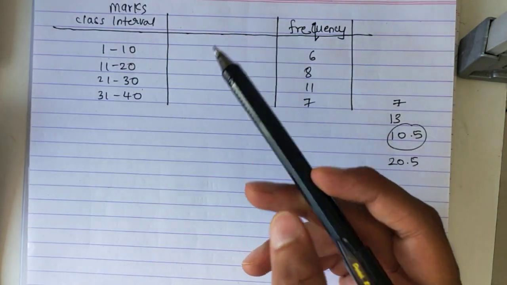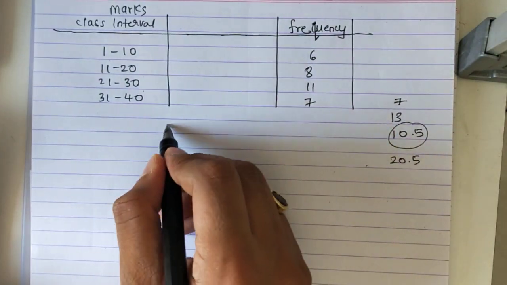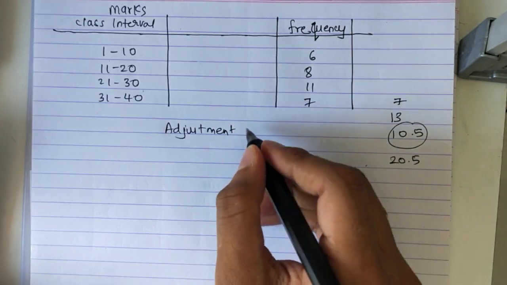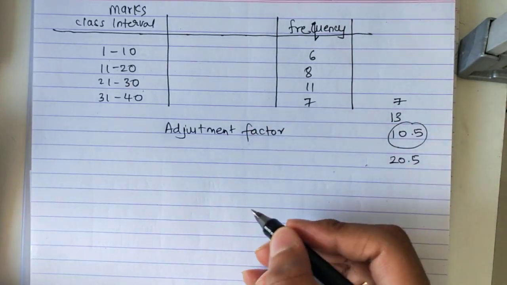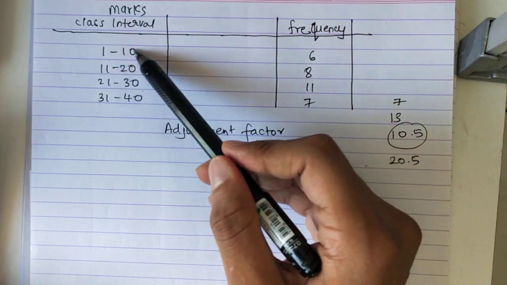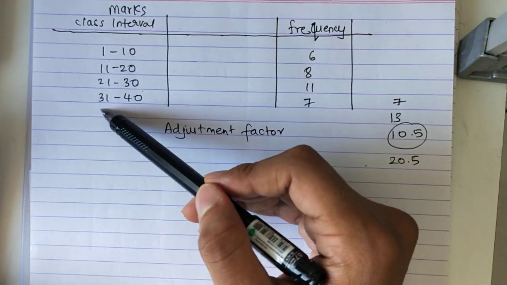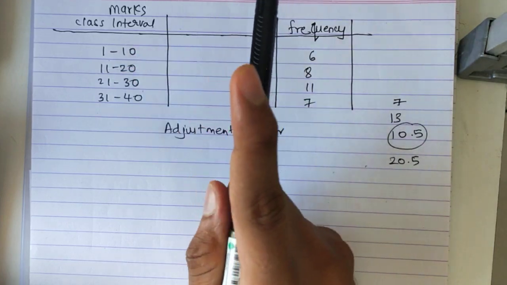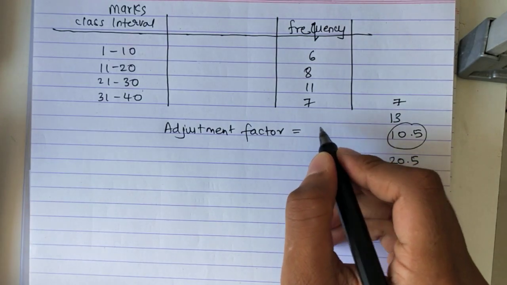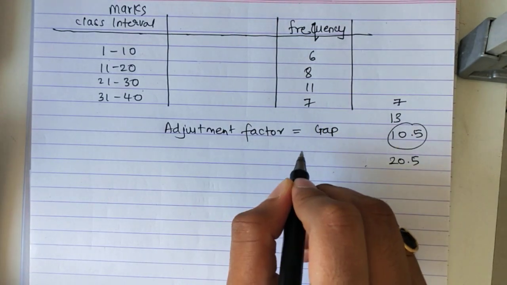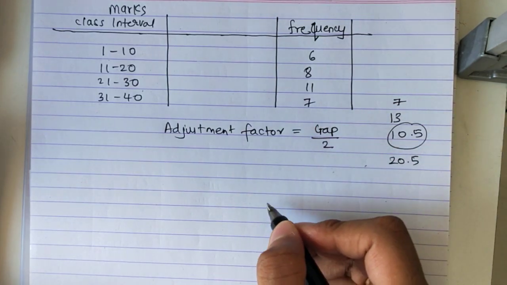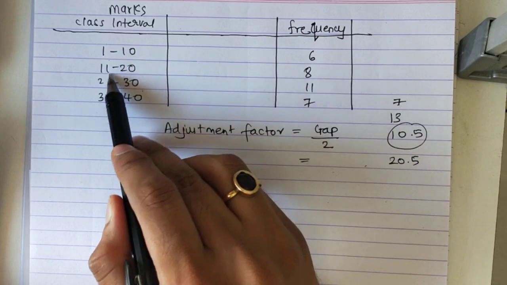Now how to make this continuous? By using the adjustment factor. What is the adjustment factor? See the difference. There is a gap of how many marks here? From 10 to 11 there is a gap of 1 mark, correct? So whatever is the gap, you have to divide this difference by 2. So here in this case the difference is 1.